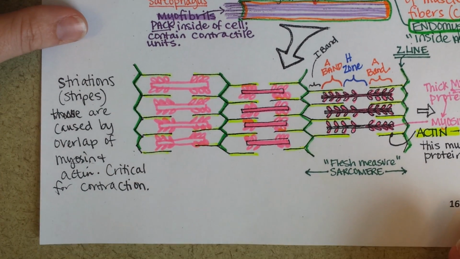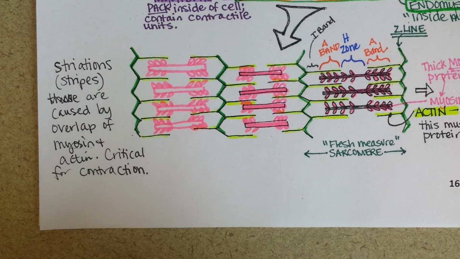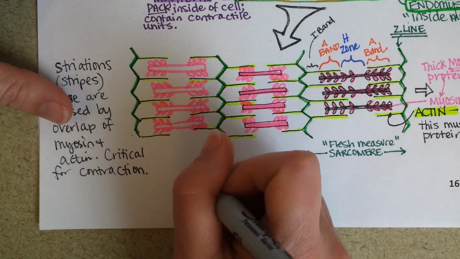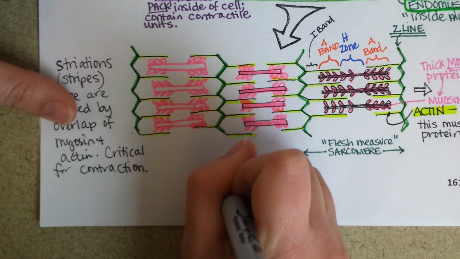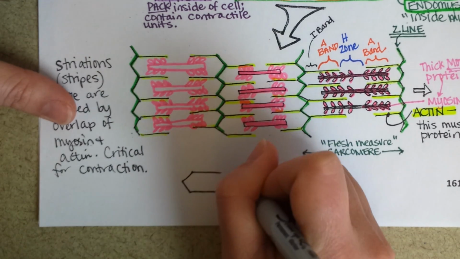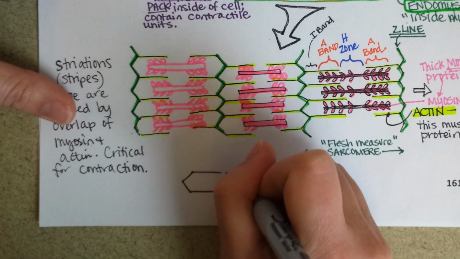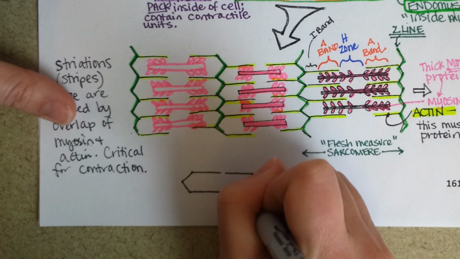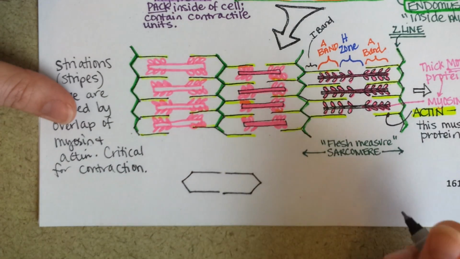So I want to go back to that idea of isotonic, isometric, and eccentric contraction. And let's see if I can do this very well. If you were to draw like this. Okay.